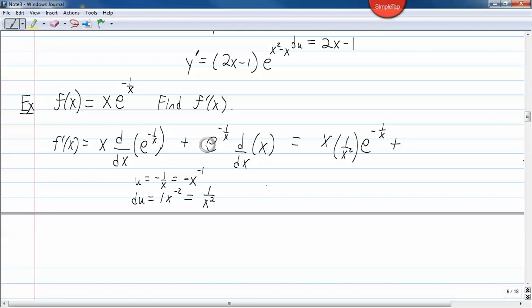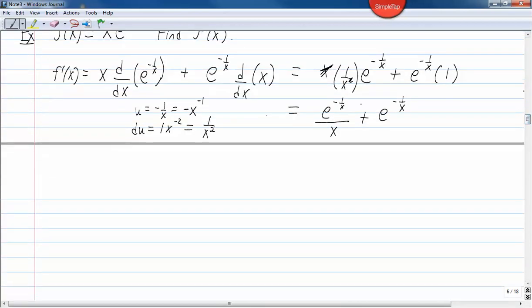Plus e to the negative 1 over x times the derivative of x. What is that? 1. Now I have x times 1 over x squared times e to the negative 1 over x. So what cancels out? This x is going to cancel one of those x's out, right? So I have e to the negative 1 over x plus e to the negative 1 over x.